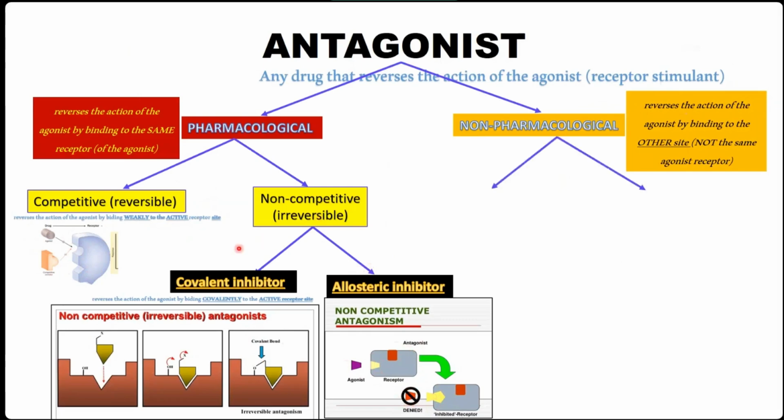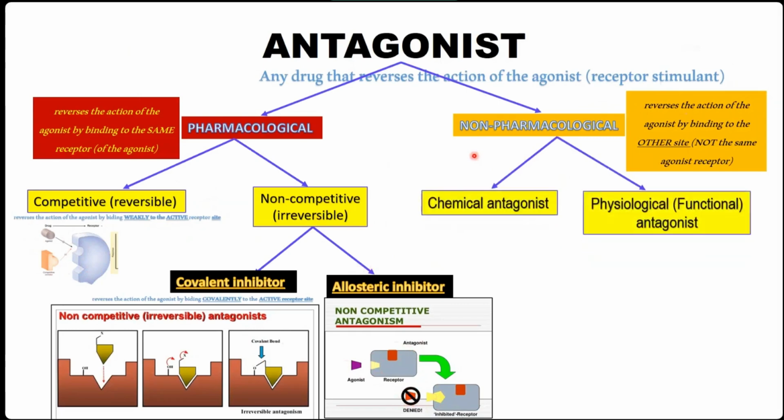For the non-pharmacological antagonist, those antagonists are subdivided into chemical antagonists and physiological functional antagonists. The key in both is that they don't bind to the same receptor as that of the agonist. In chemical antagonism, we have the example of heparin, which is negatively charged. Cases of overdose or toxicity with heparin can cause bleeding.